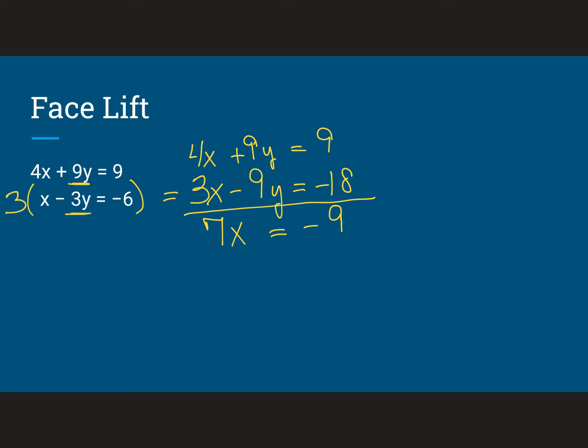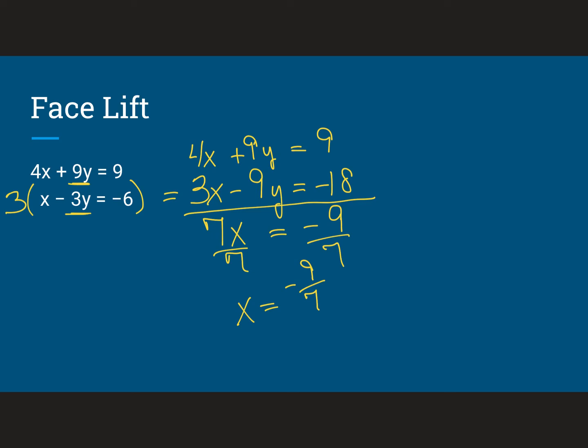So my next step is simply to divide. When I divide by 7 on both sides, I get x equals negative 9 sevenths. Remember, you can have fractions. It's something that can happen. So negative 9 sevenths is my x.